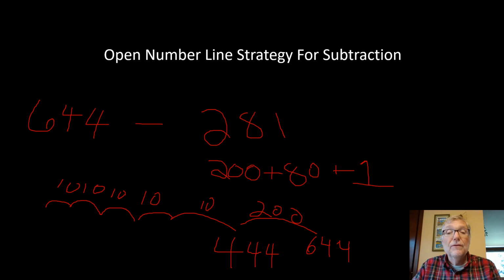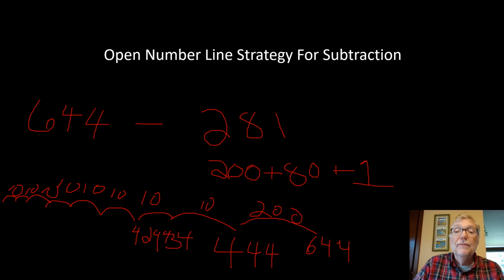So we got 1, 2, 3, 4, 5, 6, 7, and 8. So we're going back groups of 10, and you can start doing the pattern. 444. So it becomes 434, 424. So again, they're starting to see the pattern. So that's the idea, is you want them to start seeing the pattern.